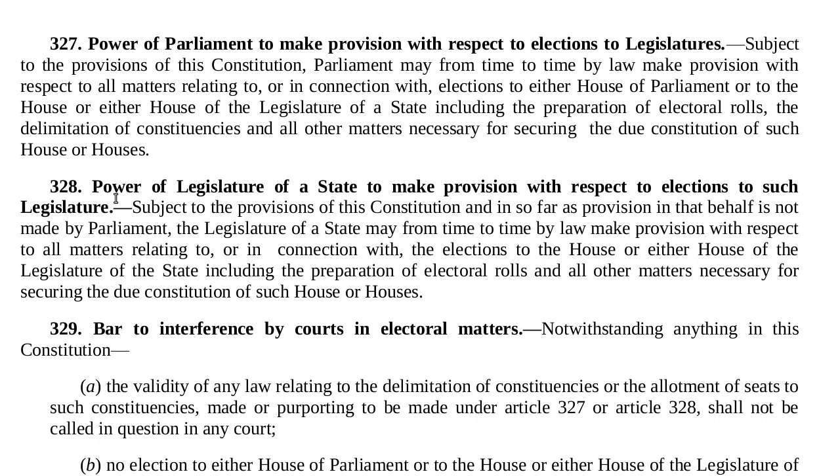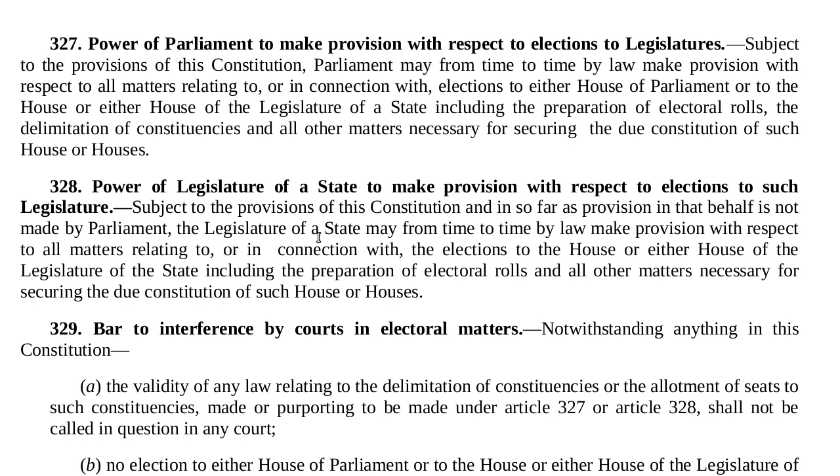Article 328. Power of the legislature of a state to make provisions with respect to elections to such legislature, subject to the provisions of the Constitution and in so far as provision in that behalf is not made by Parliament.